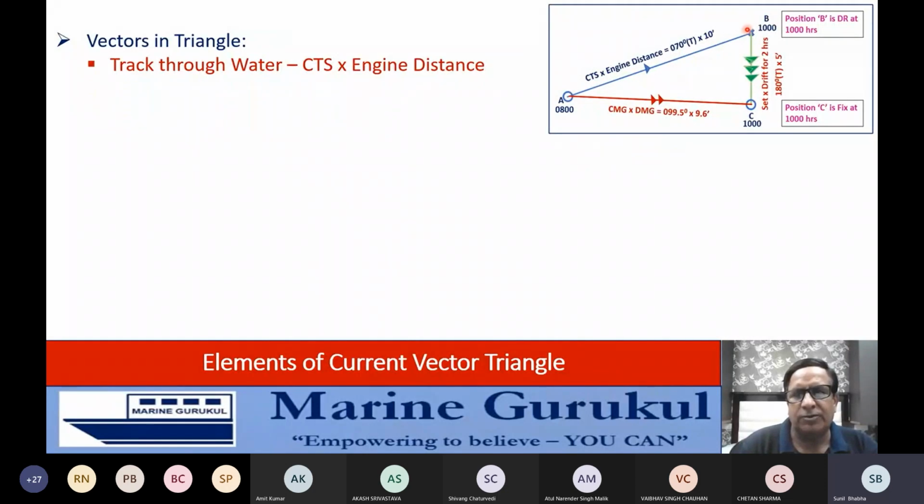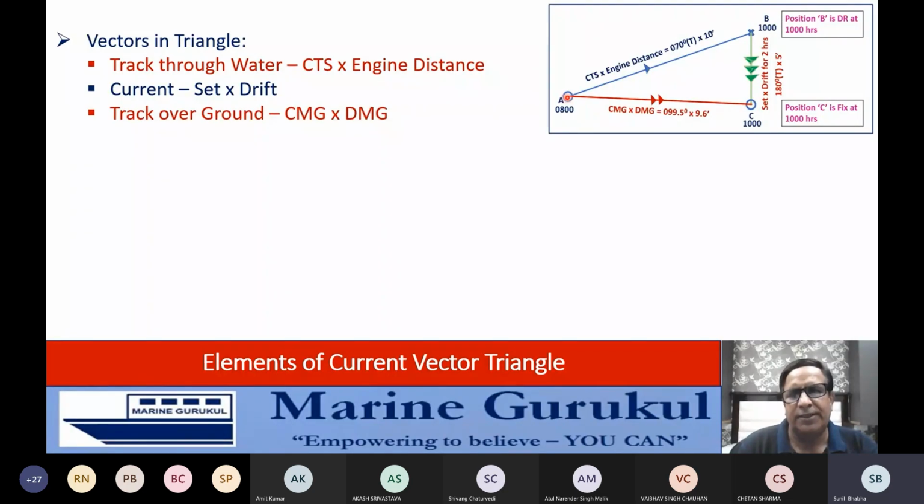Second is the current vector, represented by set and drift, represented by BC in this case. And the third vector is track over ground, represented by CMG and DMG, which is represented by vector A to C in this diagram.